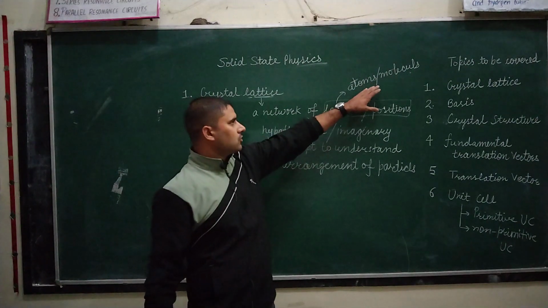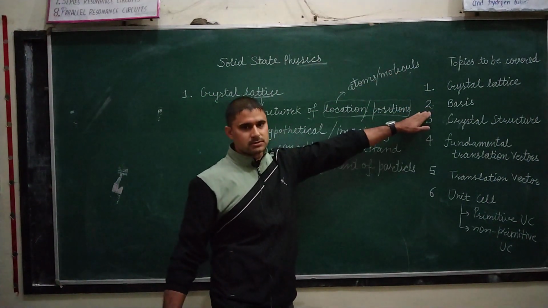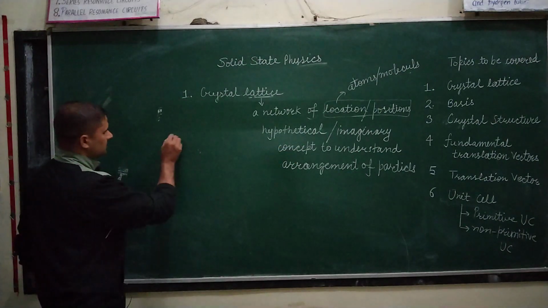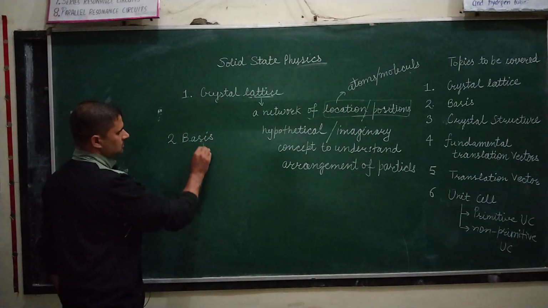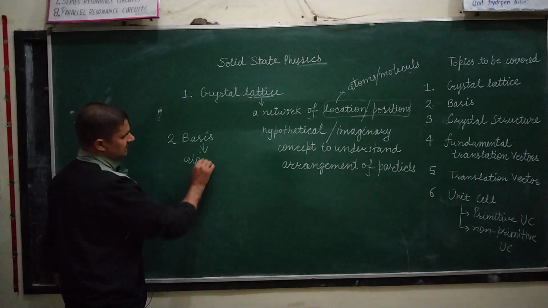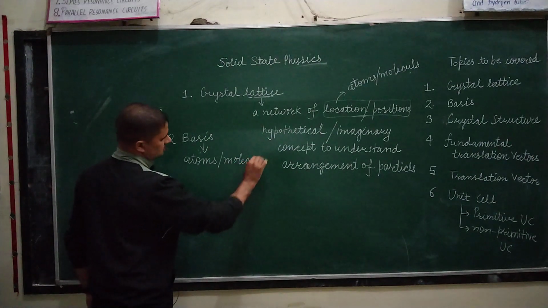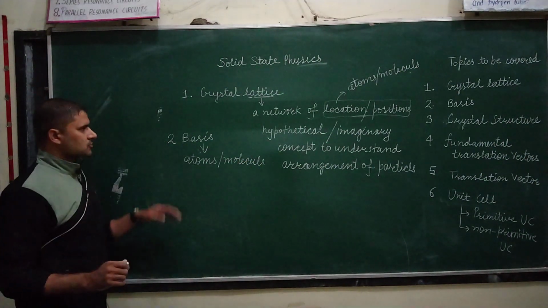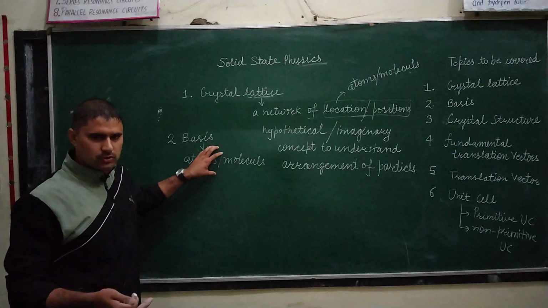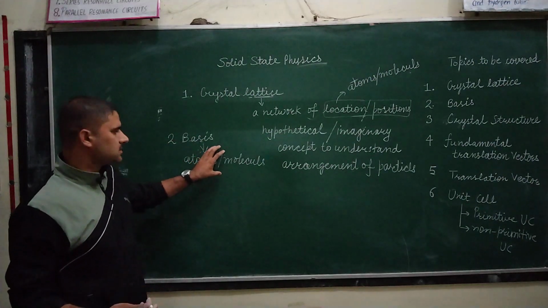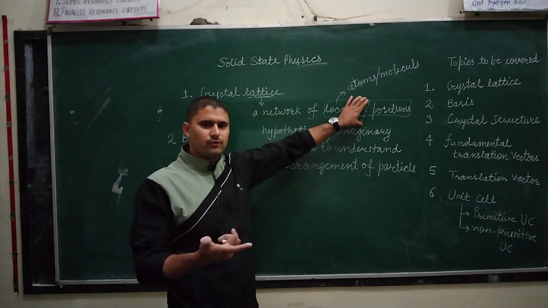Now what we call these atoms and molecules, these are bases, okay. So second thing is, this is bases. So these are simply atoms and molecules, to understand. So if we have a network and we have atoms and molecules, when you put these atoms and molecules on these locations, then the crystal will be formed.